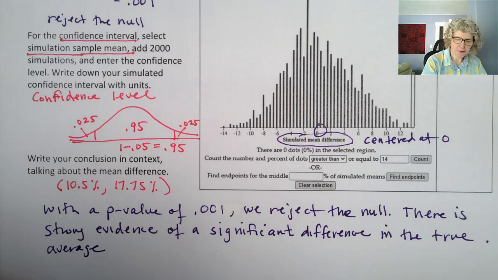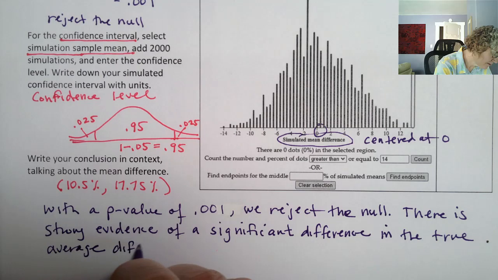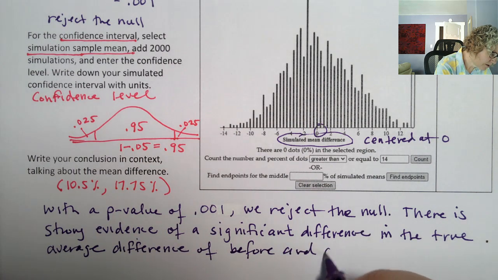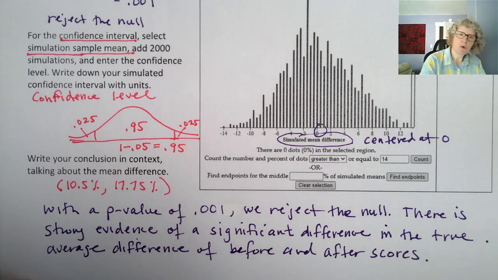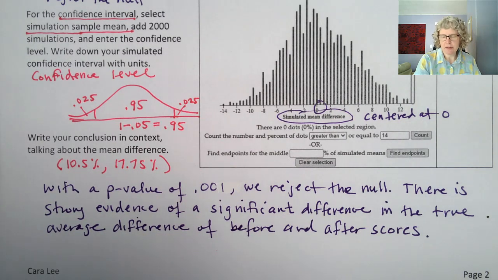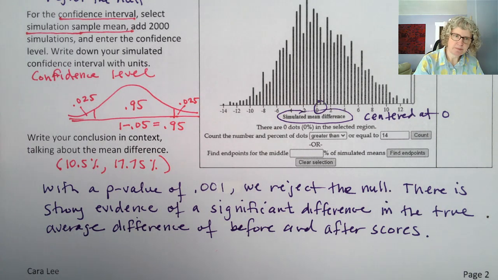Significant difference in the true average difference. The true average difference of before and after scores. Okay. Now, if we also just did a one-tail test, we could have said there's a significant improvement, but this one was framed as a two-tail test.